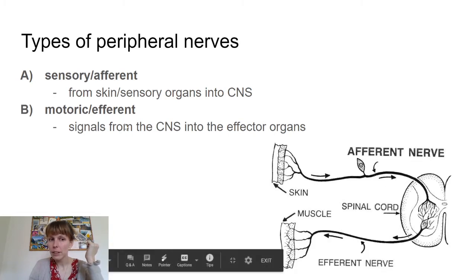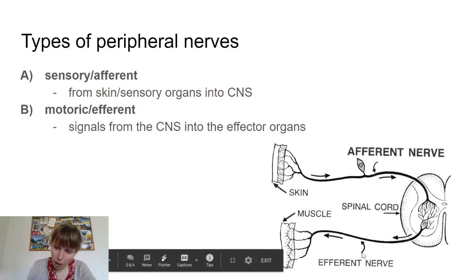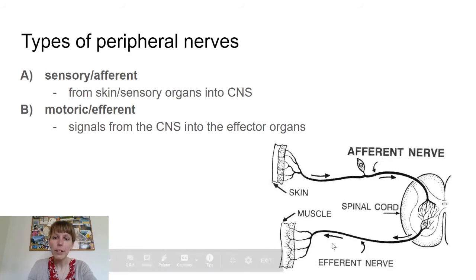And then you need to carry out the response to burning yourself on the hot stove, and that's where the motoneurons come into play. Motoric efferent nerves will be coming out of the central nervous system to the effector organs. In this case, this will be the muscle.